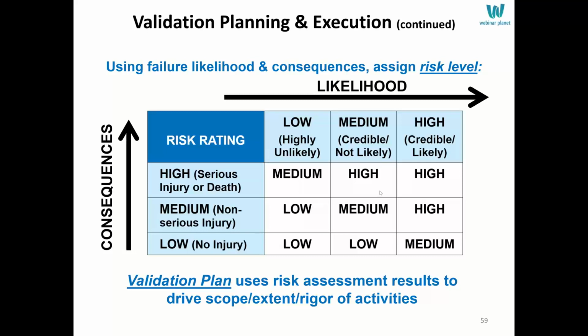And then say you have a requirement and there are 3 different ways it could fail. One is highly likely and high injury, serious. One is not very likely, but could still cause some serious injury. And then maybe the other one is not likely and wouldn't cause any injury.